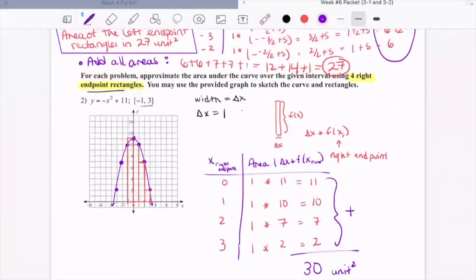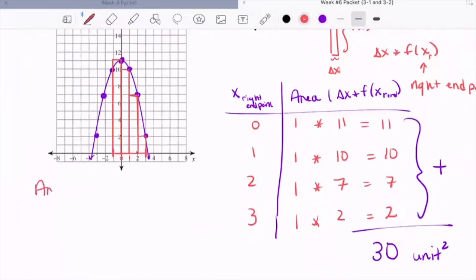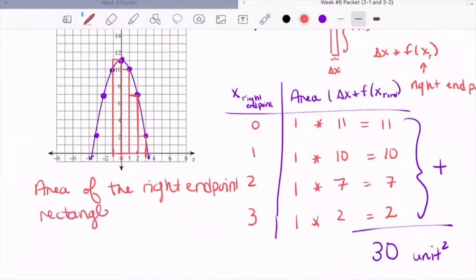So then we could say, in summary, the area of the right endpoint rectangles is 30 units squared.